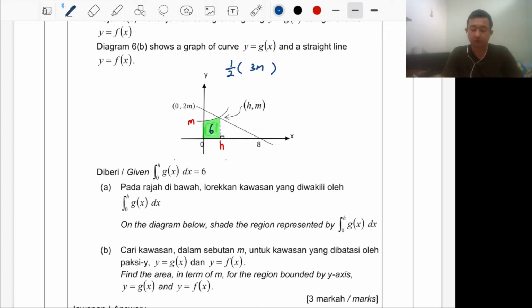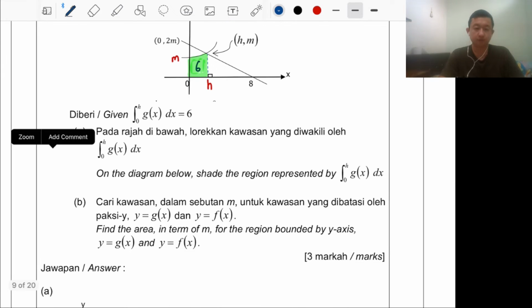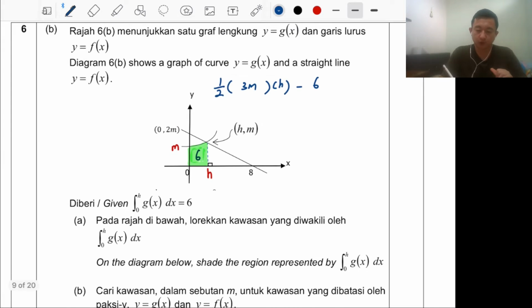Yeah, we can't figure it out, so just put h, and then minus 6. So we have 3mh over 2 minus 6.